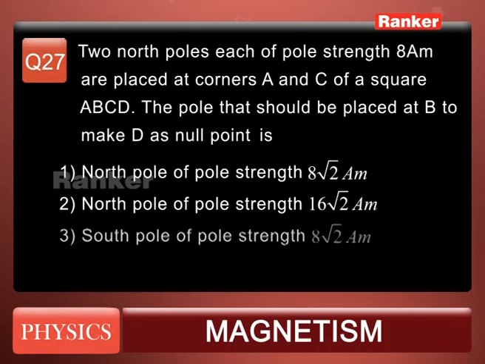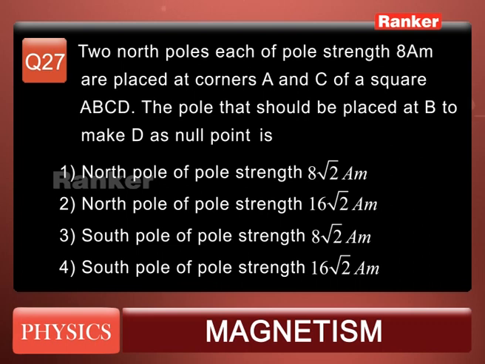Now see question number 27. Two north poles, each of pole strength 8 ampere meter, are placed at the corners A and C of a square ABCD. The pole that should be placed at B to make D a neutral point is: the first option, north pole of pole strength 8 root 2 ampere meter.